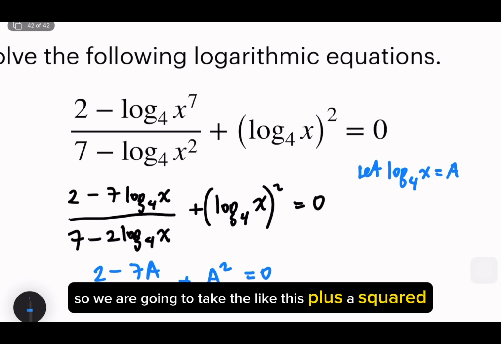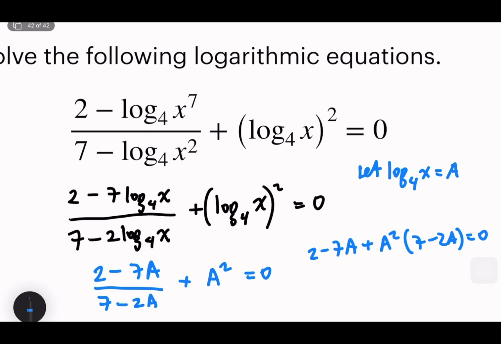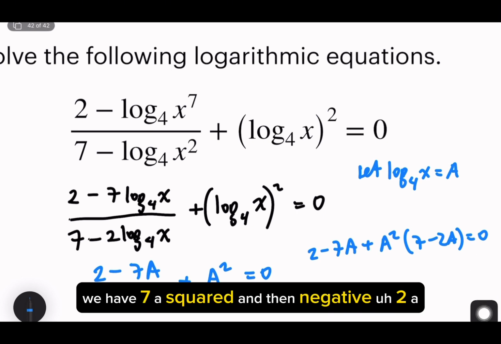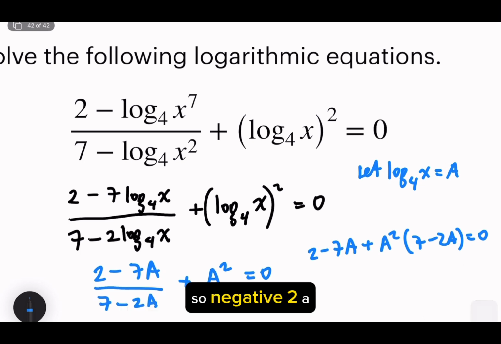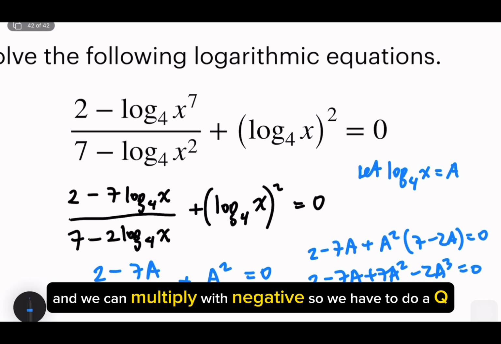And then we can try to solve this algebraically. So we are going to take this plus a squared, 7 minus 2a equals 0. So we have 7a squared and then negative 2a. We can multiply with negative, so we have 2a cubed.